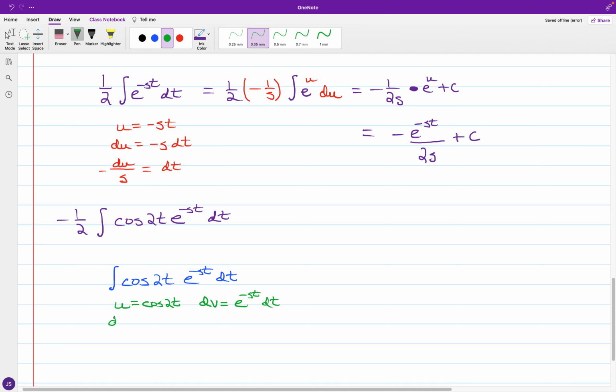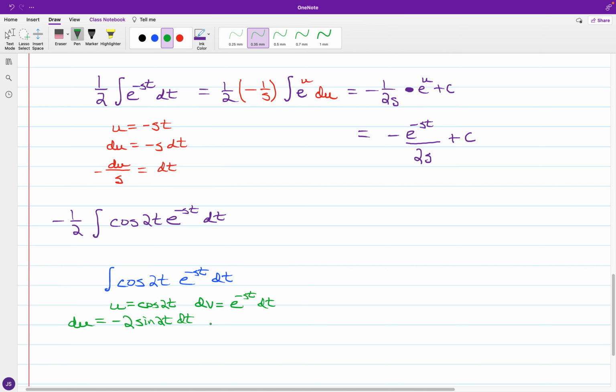Now u is the cosine of 2t. If I take the differential of both sides, du is equal to negative 2 sine of 2t dt, and for v, the antiderivative, we have negative e to the negative st all over s.